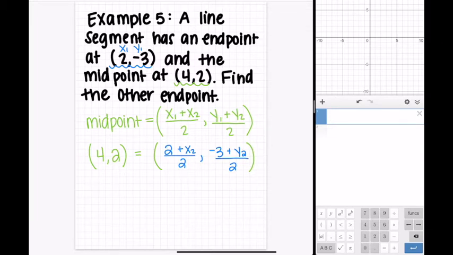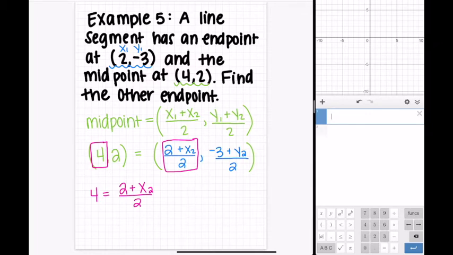All right, so really what this tells us is that we can create two smaller equations using the x values only. So 4 is equal to 2 plus what x value divided by 2. All right, so what we can do is solve for x2.